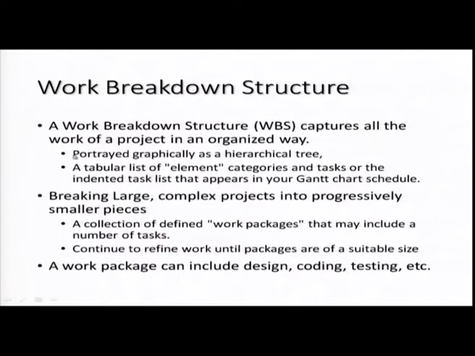After this, what we need to very carefully understand is that a work breakdown structure captures all work of a project in an organized way. A tabular list of elements, we have defined this. An element is in our dictionary. Breaking large complex projects into progressively smaller pieces. The work packages may include a number of tasks, continue to refine until packages are of suitable size.